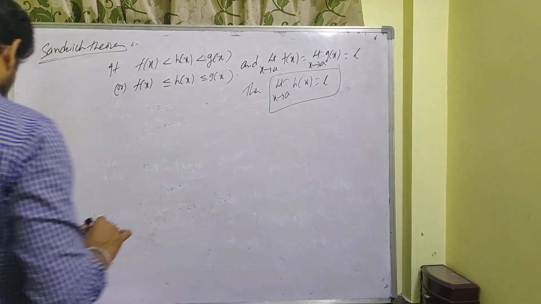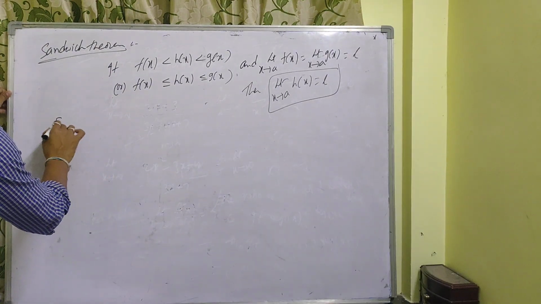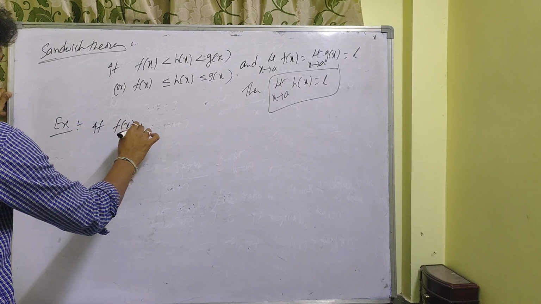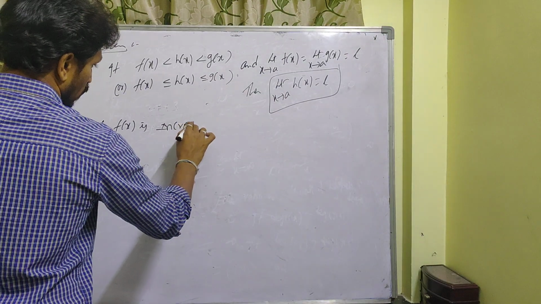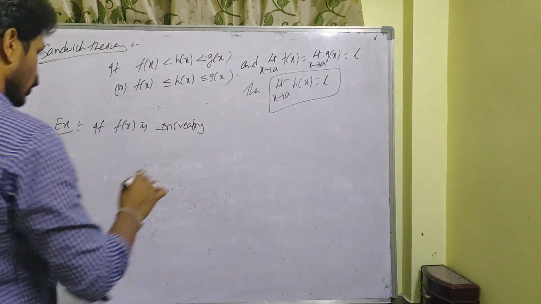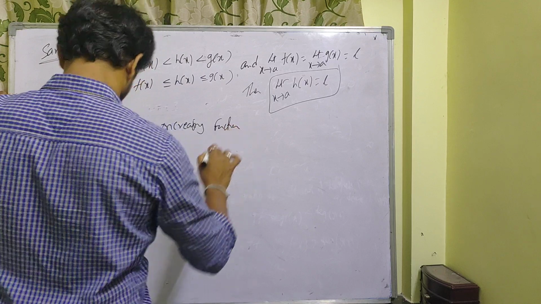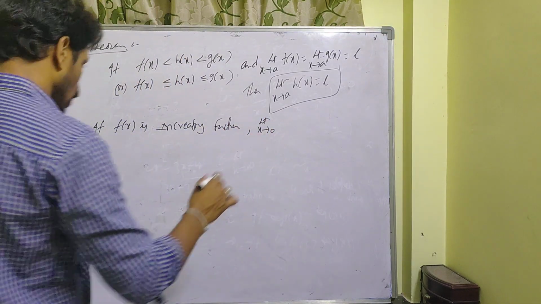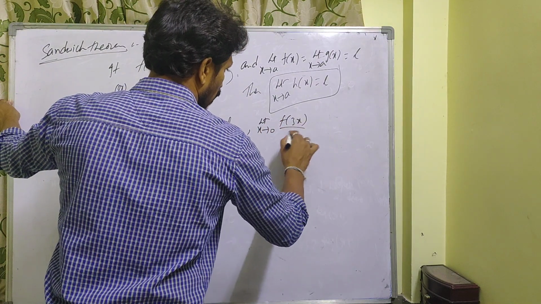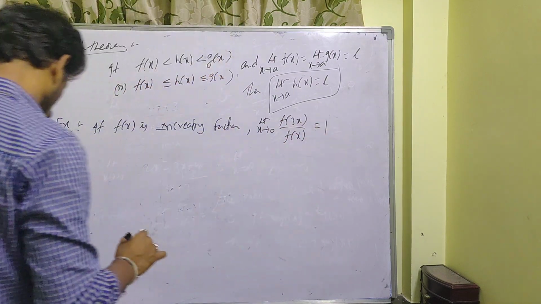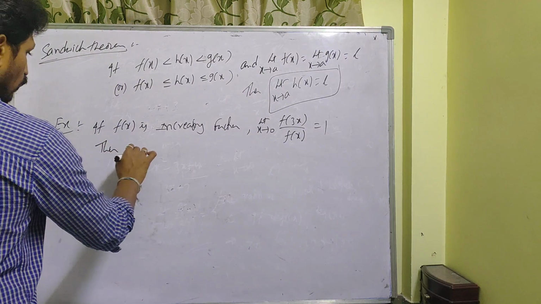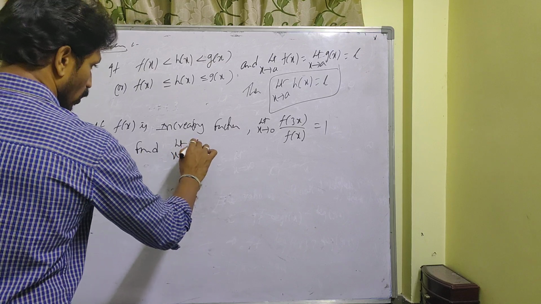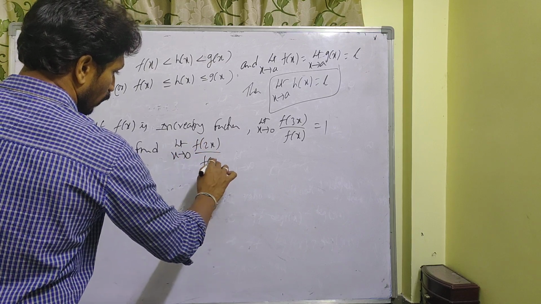See here, based on this one example. If f of x is an increasing function, limit x tends to 0, f of 3x by f of x is equal to 1, then find limit x tends to 0, f of 2x by f of x.